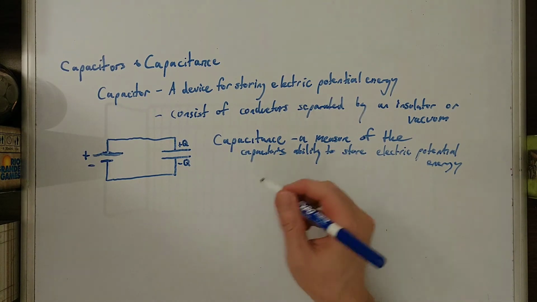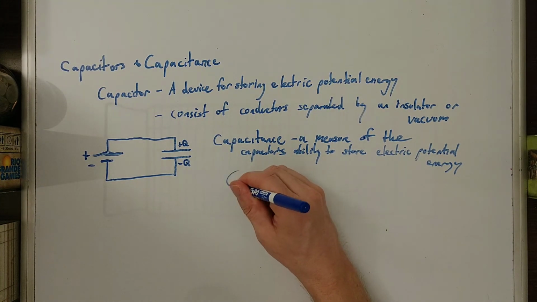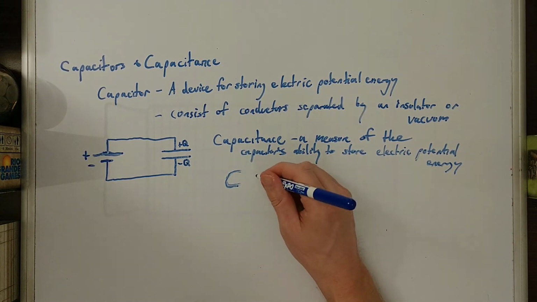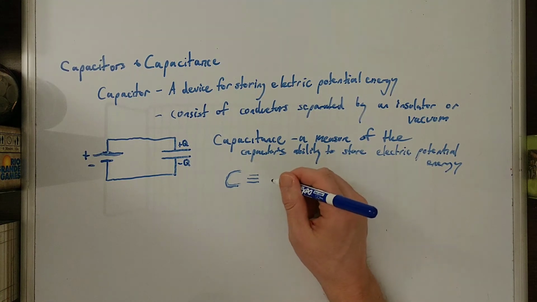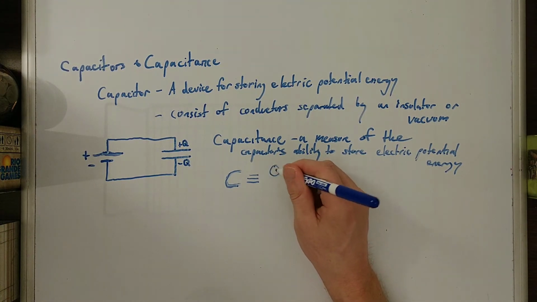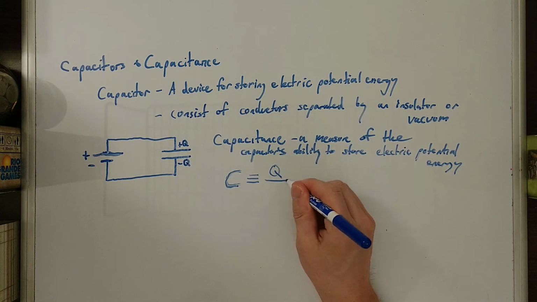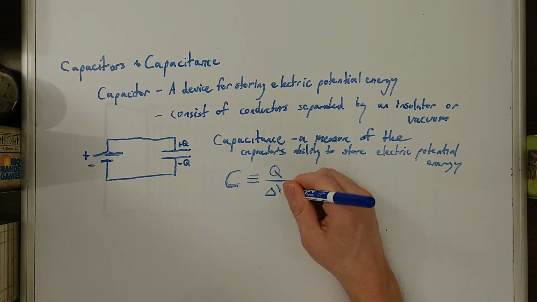And the way that we define capacitance is we say the capacitance C, we define that to be the amount of charge, Q, that you get stored on one of these plates here, divided by the potential difference between the two plates.